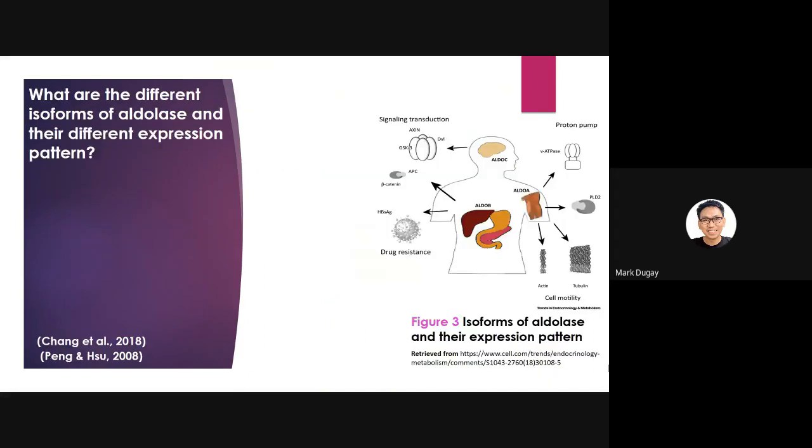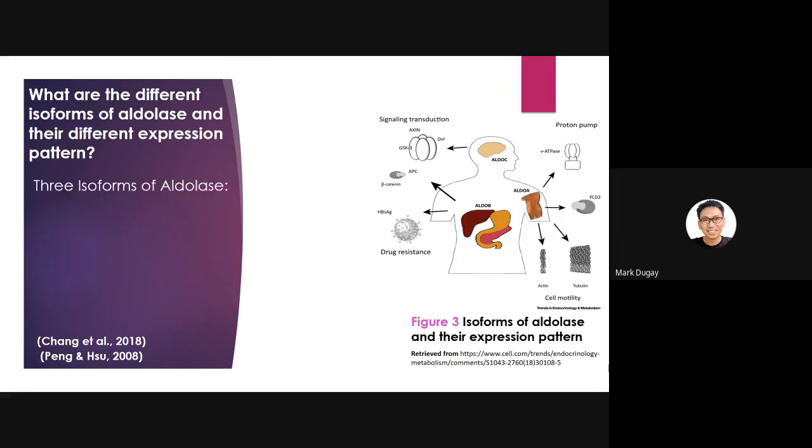So isoforms of aldolases are abundant in the human body and play roles in glycolysis, gluconeogenesis, and even in fructolysis and other metabolic pathways. There are three genetically distinct and tissue-specific isozymes of fructose biphosphate aldolase, class 1 in mammals.